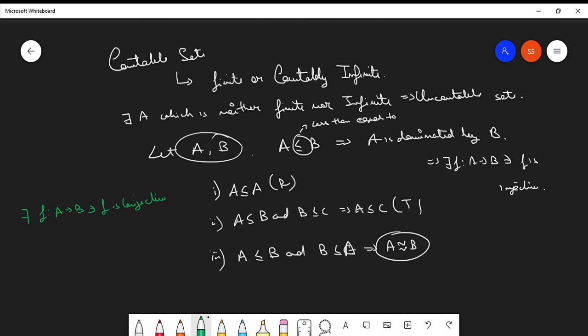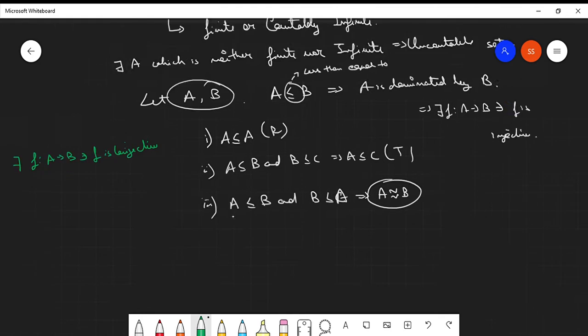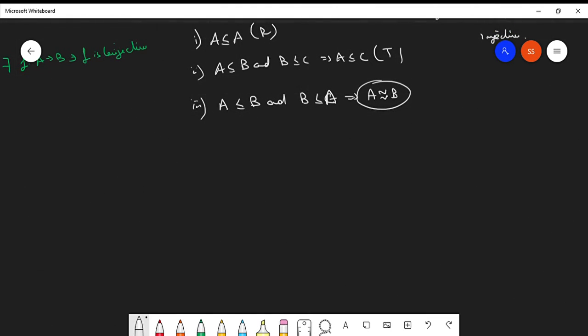How is this possible? You can show that if A is one-one to B and B is one-one to A, then there is a one-one correspondence between A and B. This is from the Schroeder-Bernstein theorem, a topic of elementary set operations.